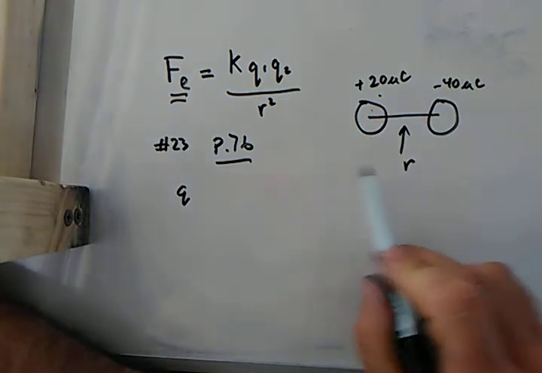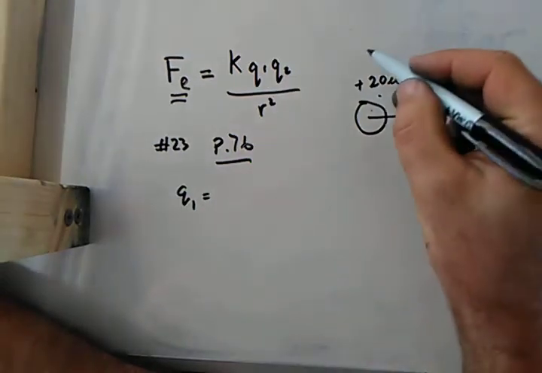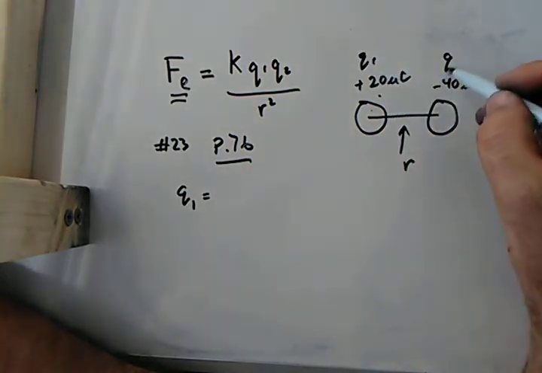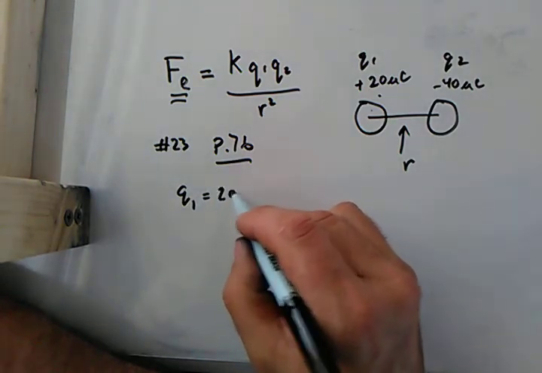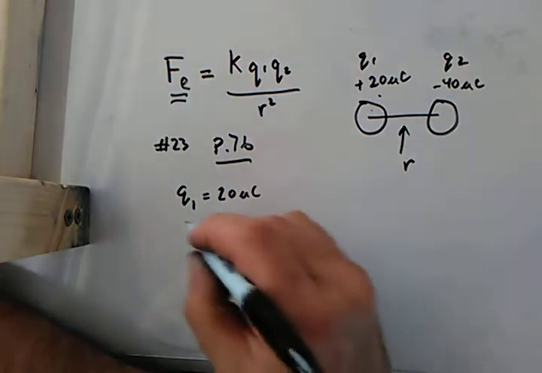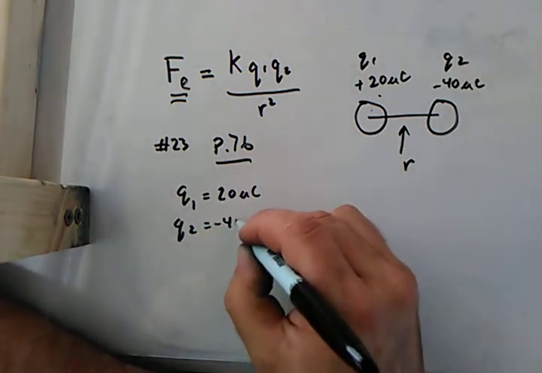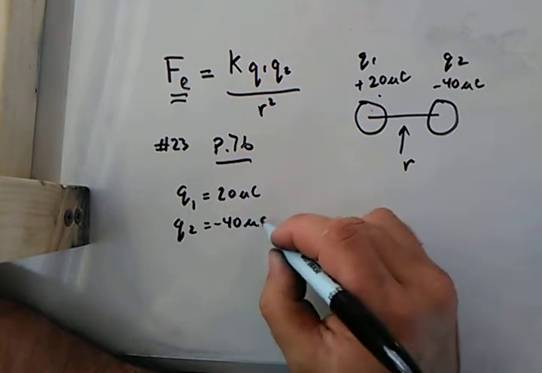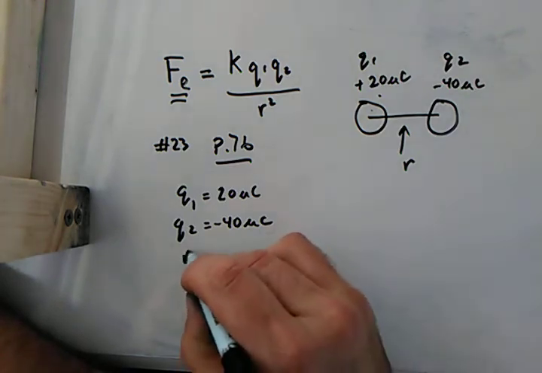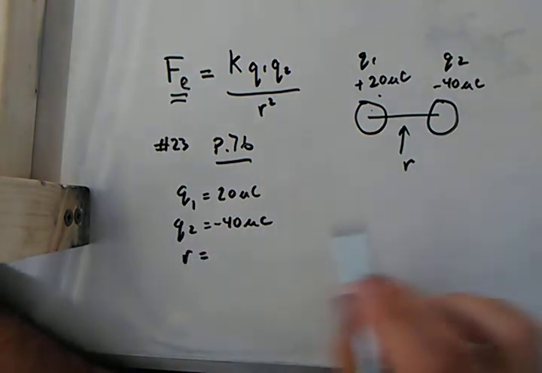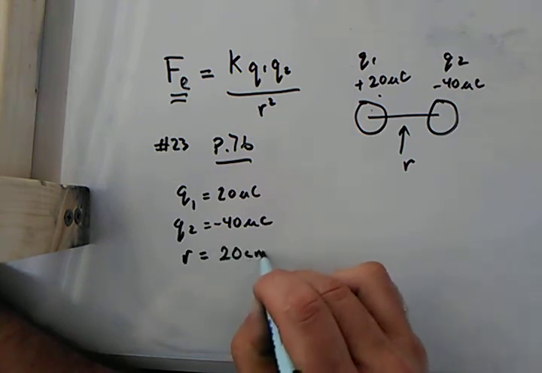Well, it gives us a few things. Let's call this Q1 and this Q2. It says Q1 is 20 micro-coulombs. Q2 is negative 40 micro-coulombs. It also says that the radius, this is tricky, the radius is 20 centimeters.